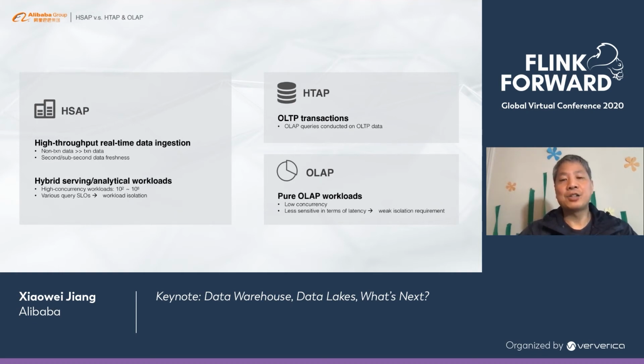The idea of HTAP is, why don't we analyze the transactional data directly in the database? On the other hand, an HSAP system will need to analyze both transactional and non-transactional data. The non-transactional data will include all types of events generated when our users interact with the platform.